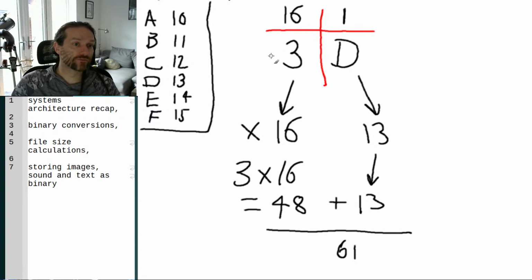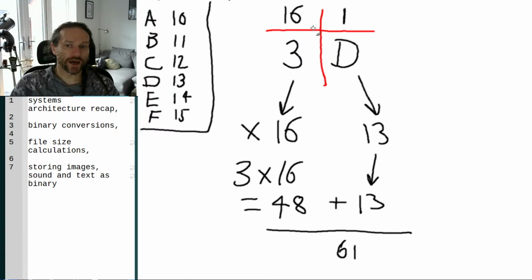so yeah, just make a point of this. You will never get more than 2 columns. It's always going to be a 2-digit hexadecimal number. So multiply the first digit by 16, multiply the second digit by 1, and then just add them together. So first one times 16, add on the second one, there's your answer.